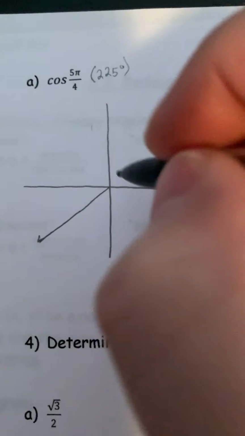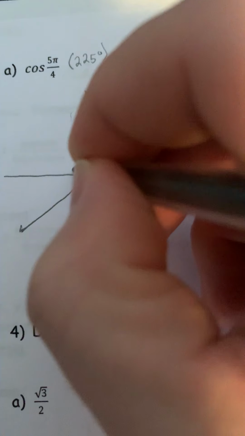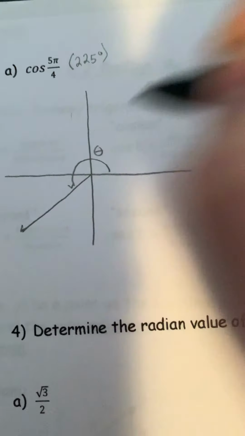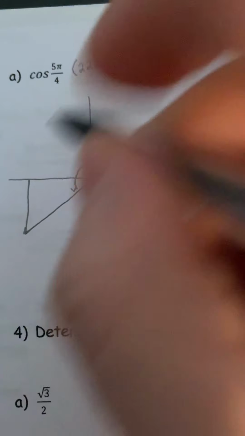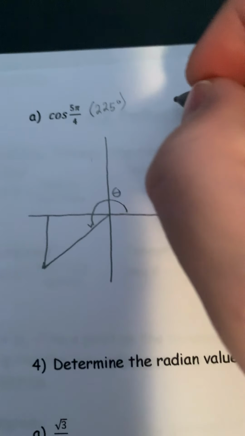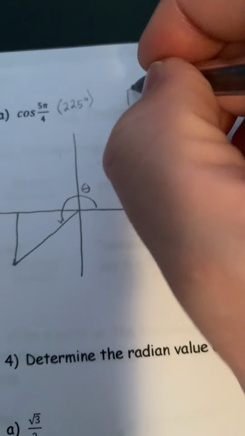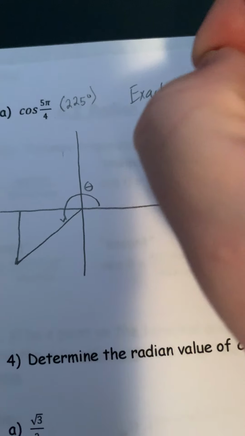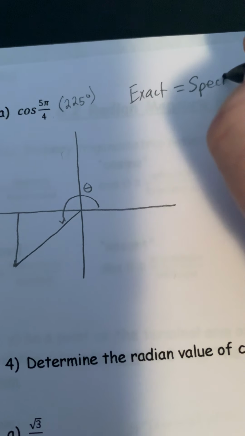225 degrees would be in this quadrant here. So our theta is 225 degrees, but since we're doing exact value, we're going to deal with special triangles.